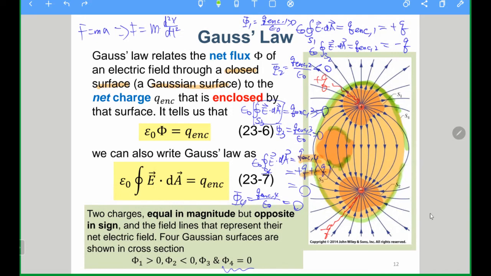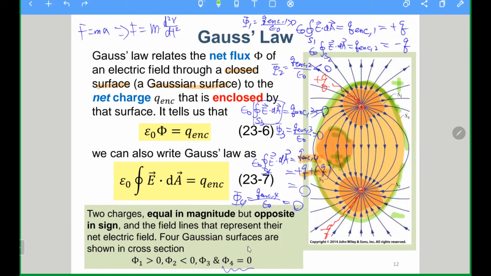So here it contributes a negative value, it contributes a positive value, and here it contributes a negative value, it contributes a positive value. And Gauss law tells you that this positive net flux and negative net flux perfectly cancel each other. It turns out to be 0.